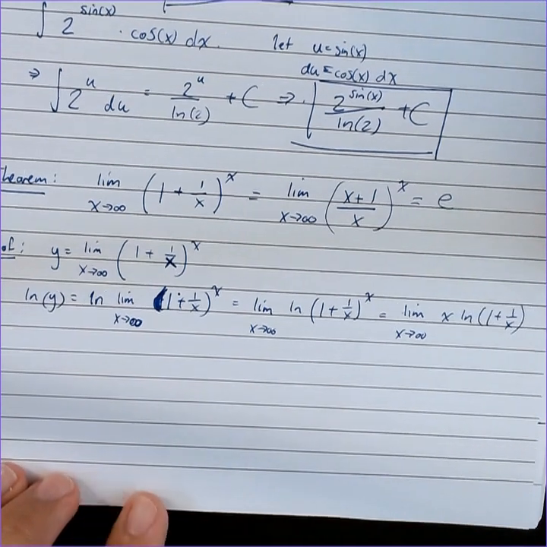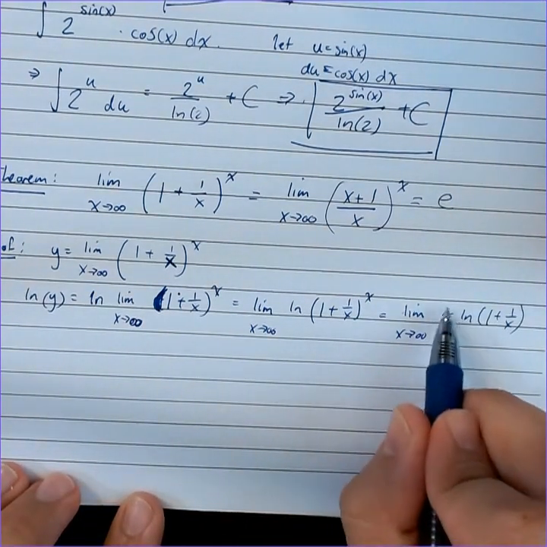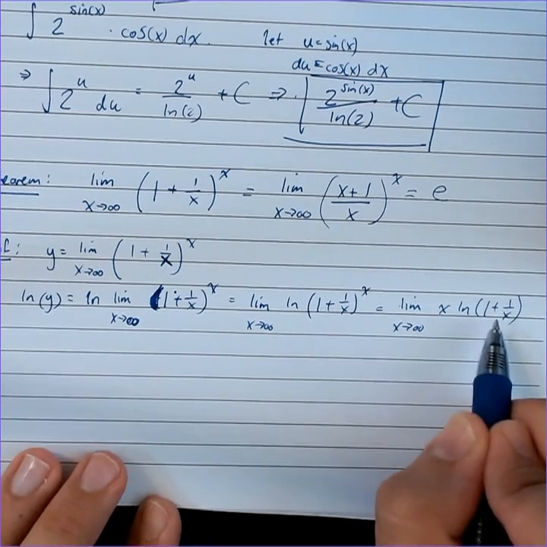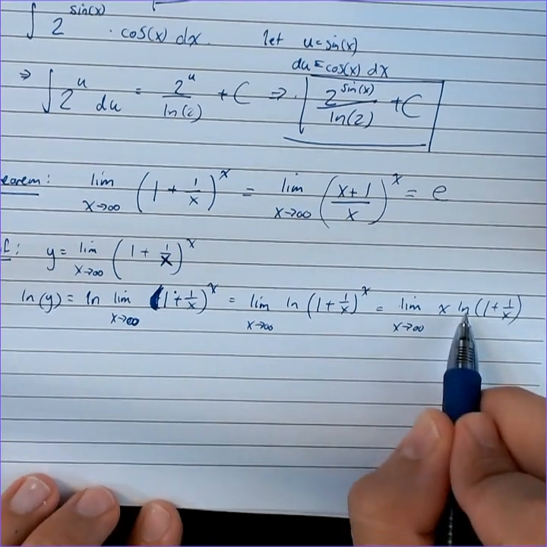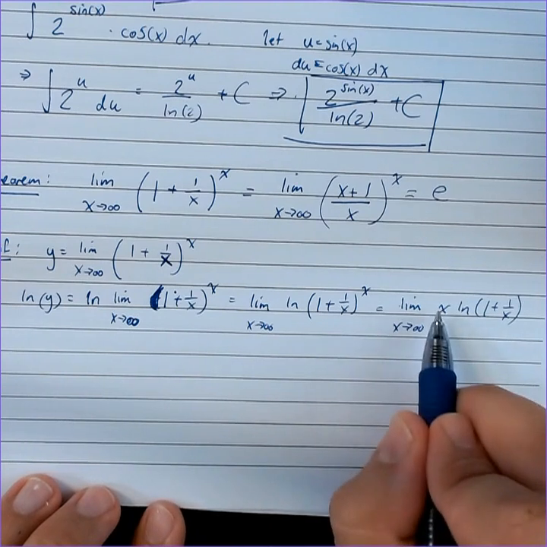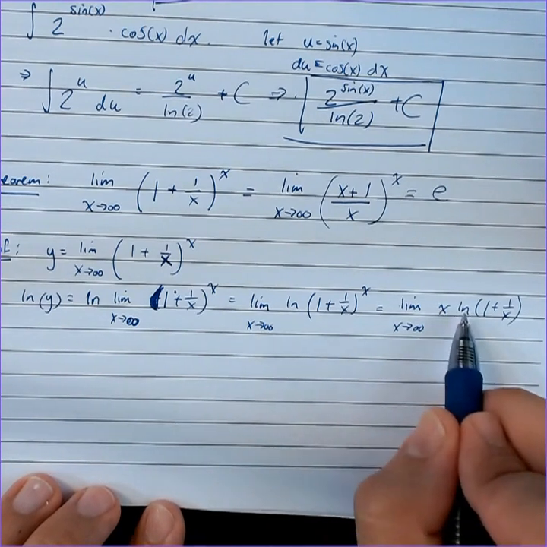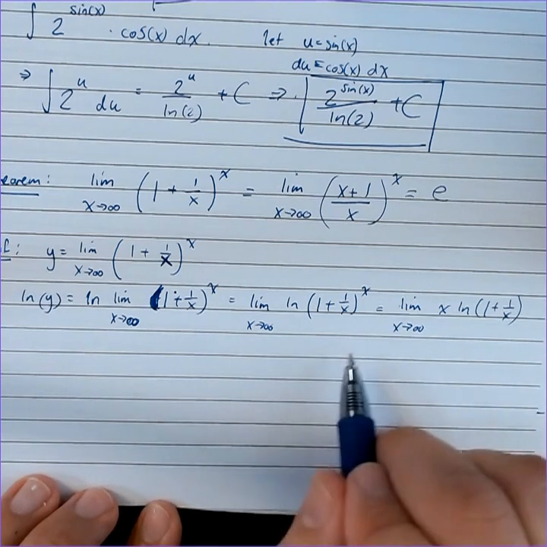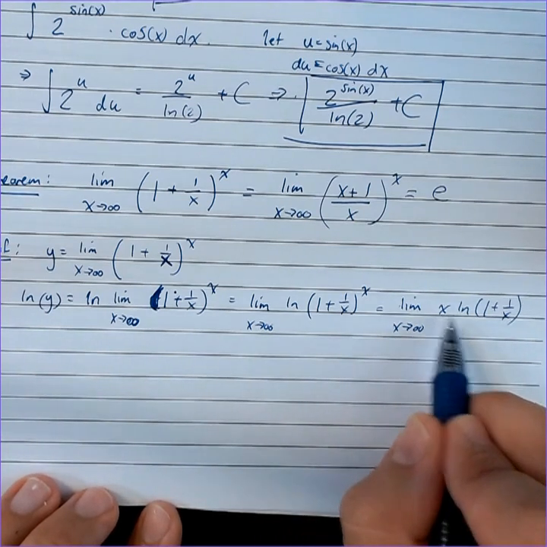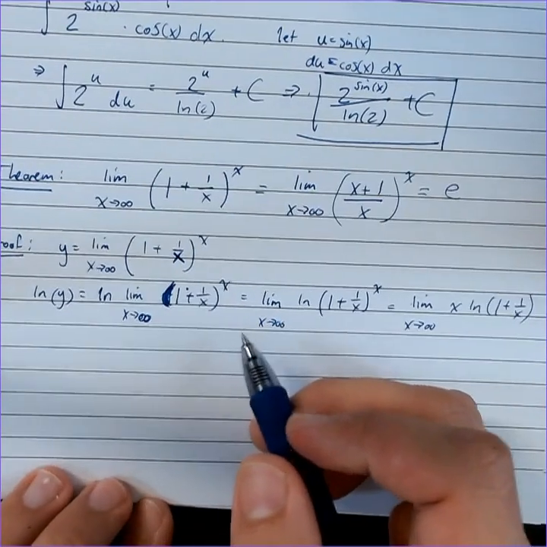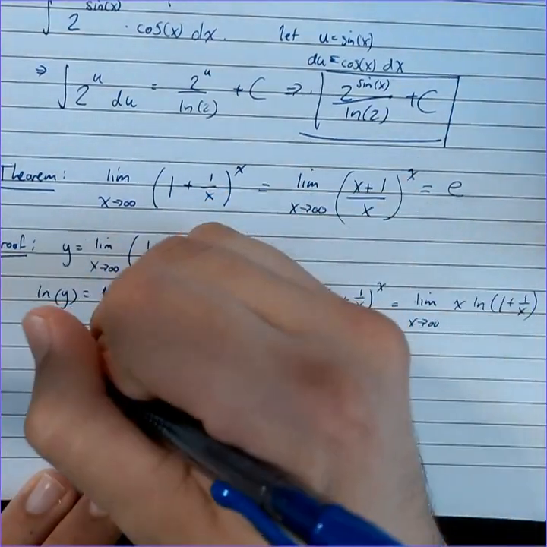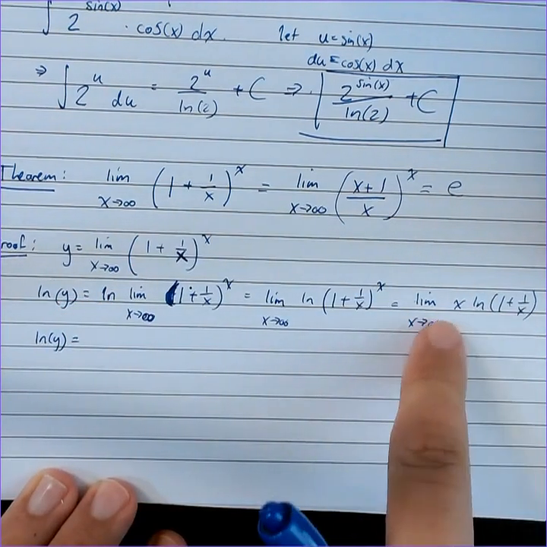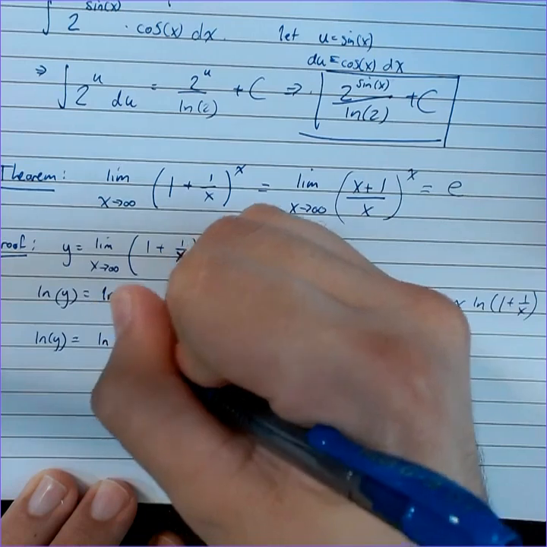Now, I'm going to write this in an unusual way. Instead of writing this as the natural log of 1 plus 1 over x times x, remember that multiplying by a number is the same as dividing by its reciprocal. If I have something and I want to multiply times 2, that's the same as dividing by a half. So I'm going to rewrite this in a slightly unexpected way: the natural log of this divided by 1 over x.